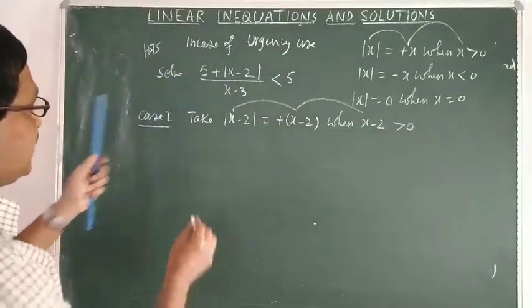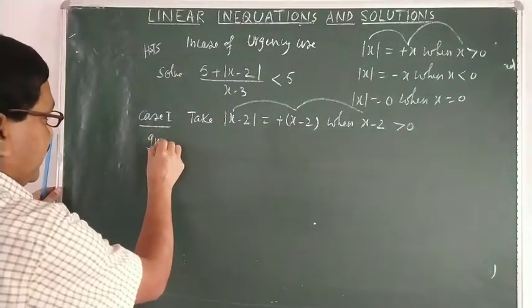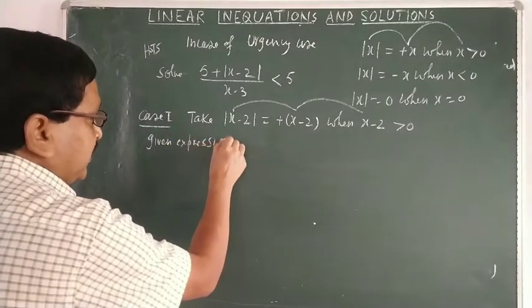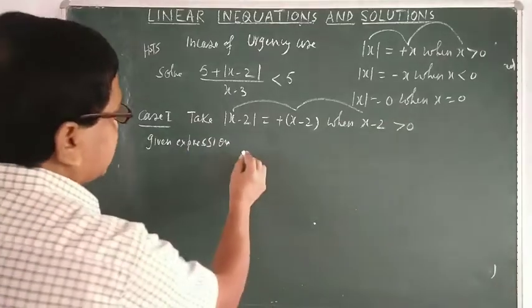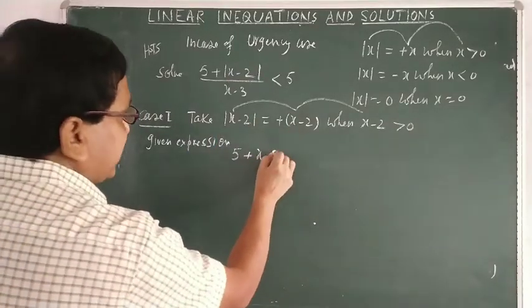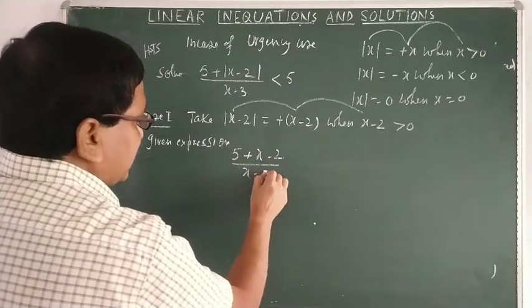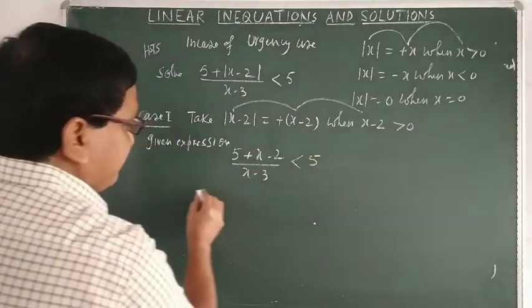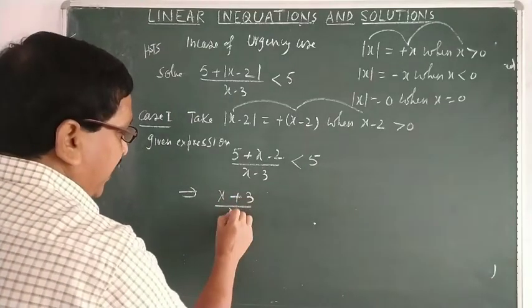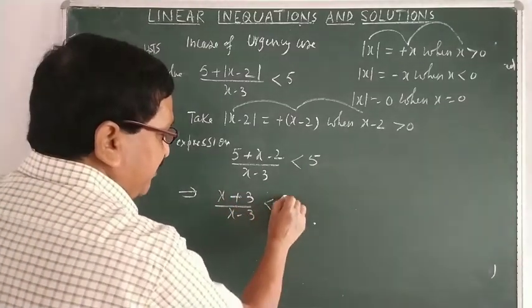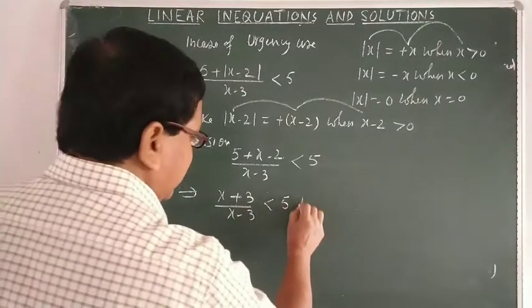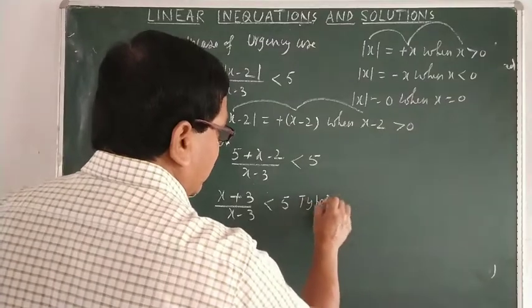Under this condition, the given expression will be written as 5 plus, in place of this, x minus 2 by x minus 3 is smaller than 5. So this is x plus 3 by x minus 3 is smaller than 5. This is a type 2 I have discussed. You can do this like type 2.